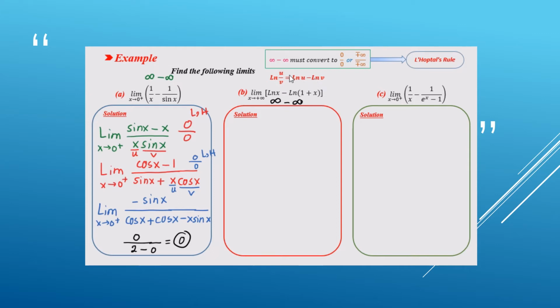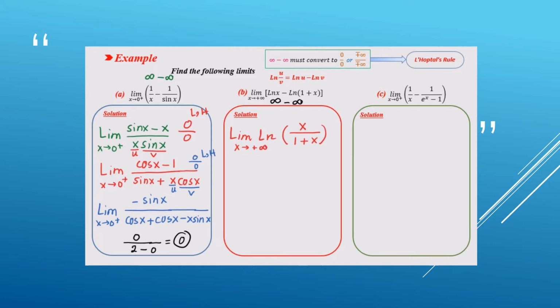So you have to use this rule in reverse, because we have ln minus ln, so you can write it as a single logarithm and divide them. So this equals the limit of ln of x divided by 1 plus x when x goes to infinity.